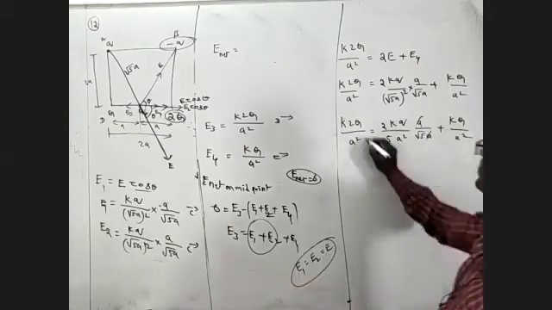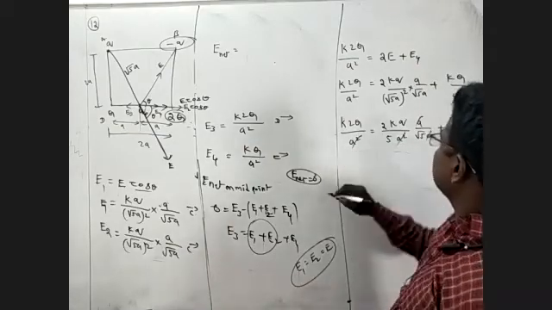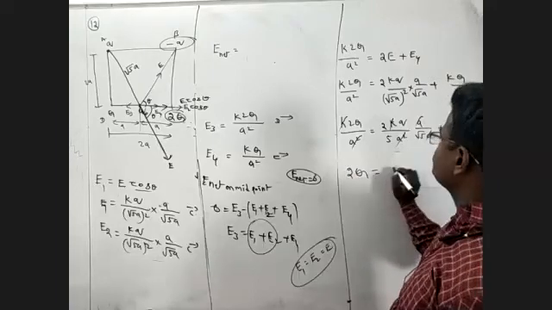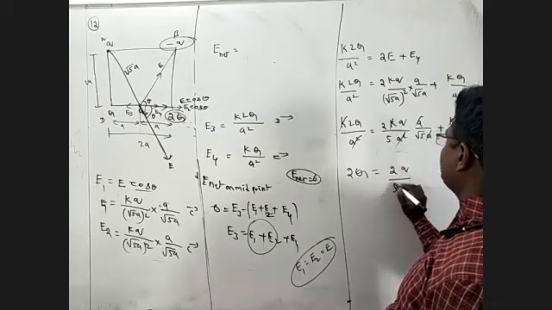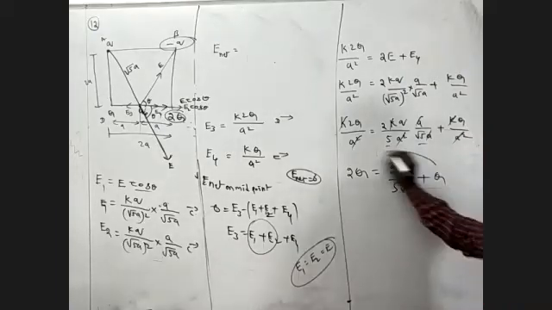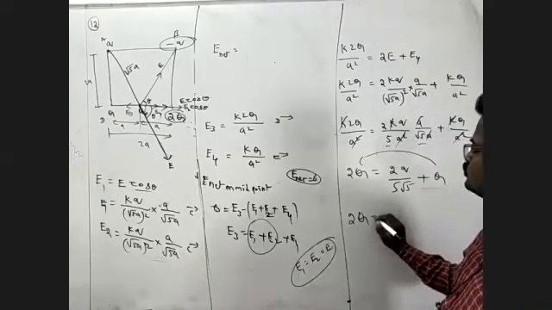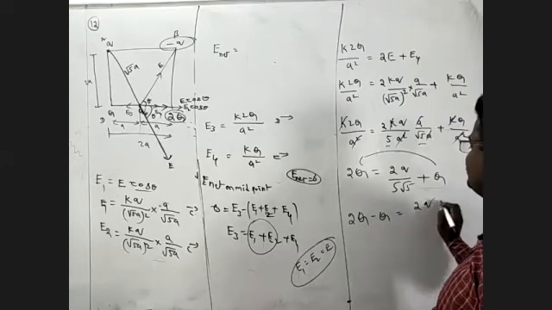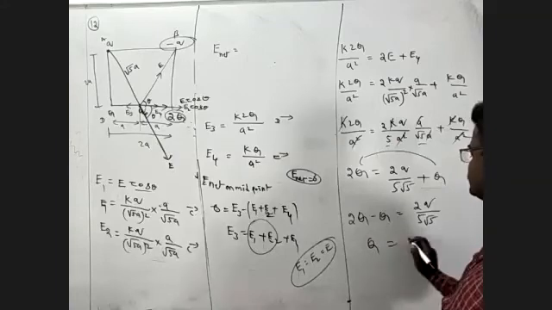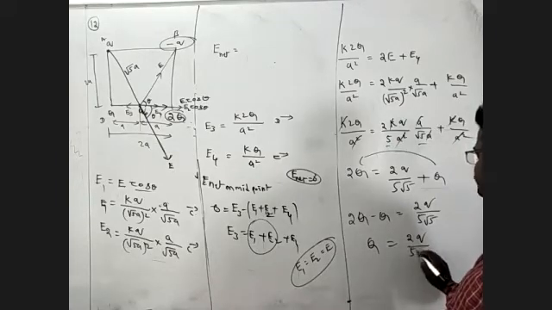So A square cancels, and K cancels. Remaining 2Q is equal to 2Q by 5 root 5 plus capital Q. Capital Q take this side. 2Q minus Q is equal to 2Q by 5 root 5. So 2Q minus Q means Q.